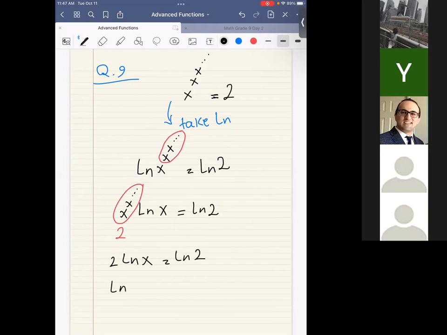So that means ln of x is equal to 1/2 ln of 2. So ln of x is equal to ln of what? Square root of 2.